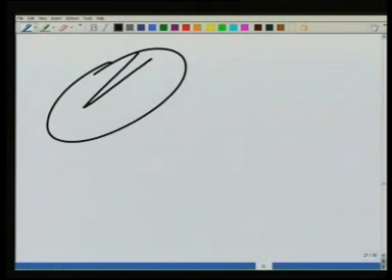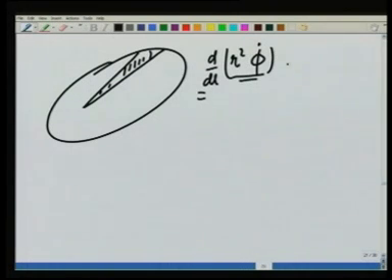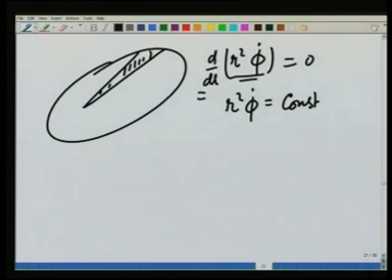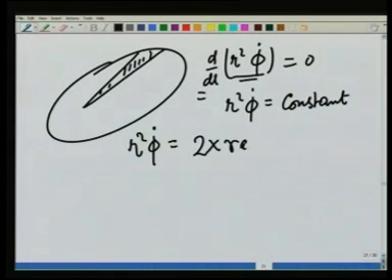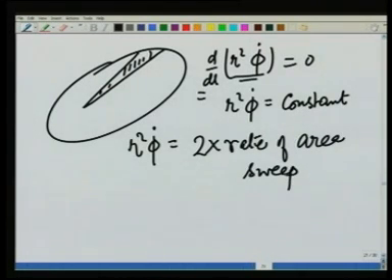And you can see that this r square phi dot is constant, and r square phi dot is nothing but 2 times the rate of area sweep.